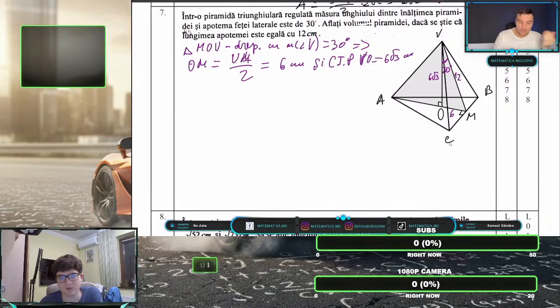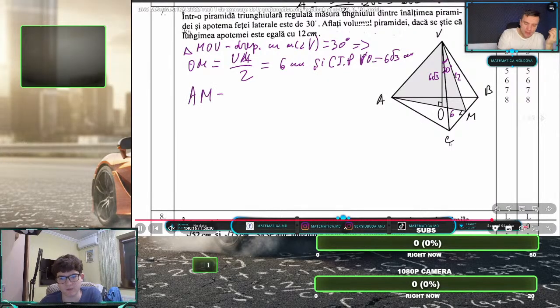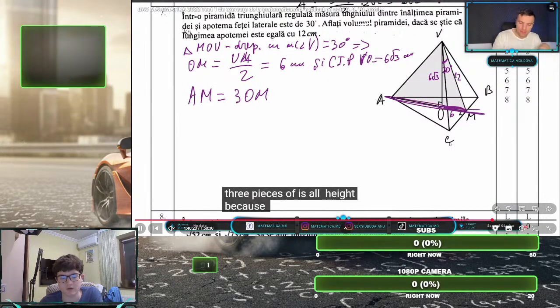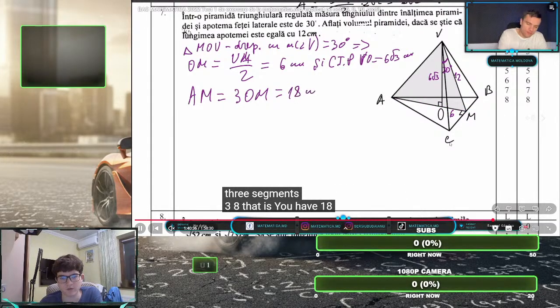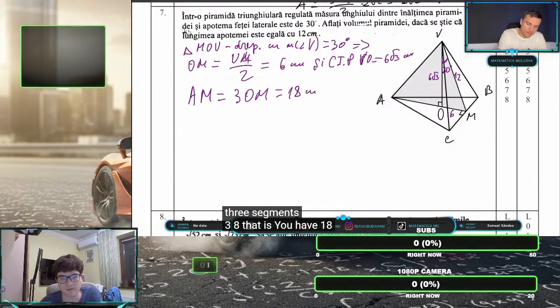Then finding volume, you gotta know the formula. AM, how are you gonna find out what that is? 3 times OM. So that's 18. Why is it 3 times OM? AM is 3 times OM.